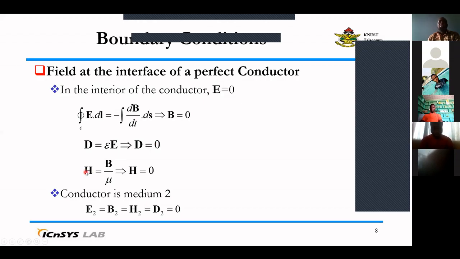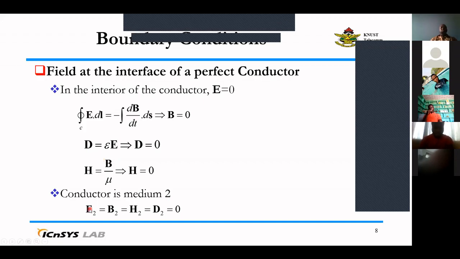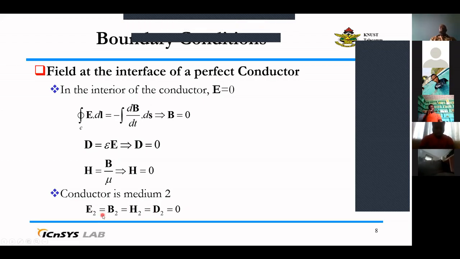Therefore, D must also be equal to zero. Then H, which is equal to B divided by mu, the permeability of the medium, must also be equal to zero, because B is zero. Which means that in medium 2, E2 equals 0, B2 equals 0, H2 equals 0, D2 equals 0. Everything in medium 2 equals 0.